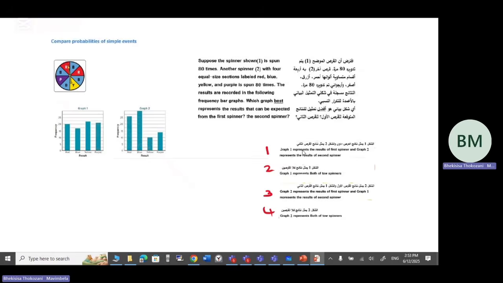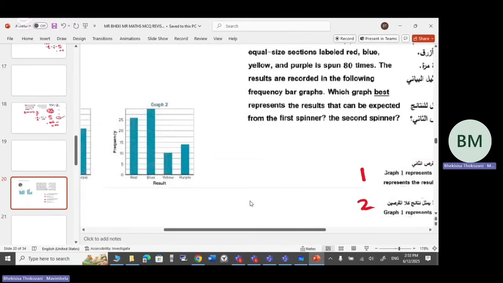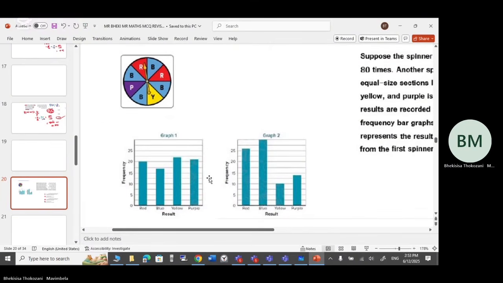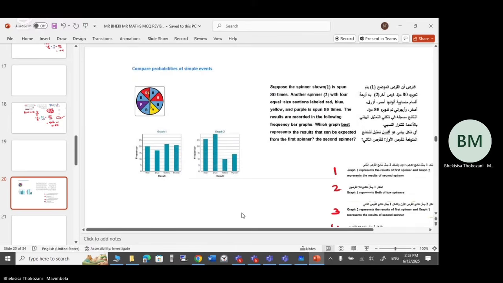Okay, maybe I need to draw these 2 things for you. So let's see if we can draw this. The first one is this one here. And then the next one is this one. They said it's 4 equal parts. Is it 4? Yes, 4. So this one is like this.